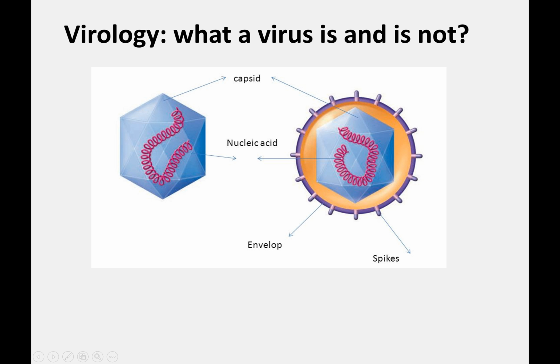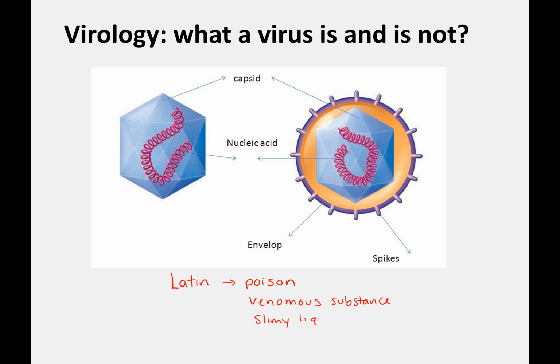So this first lecture is to give you a basic understanding of what a virus is and what it is not. The word virus comes from the Latin word for poison or venomous substance or slimy liquid.